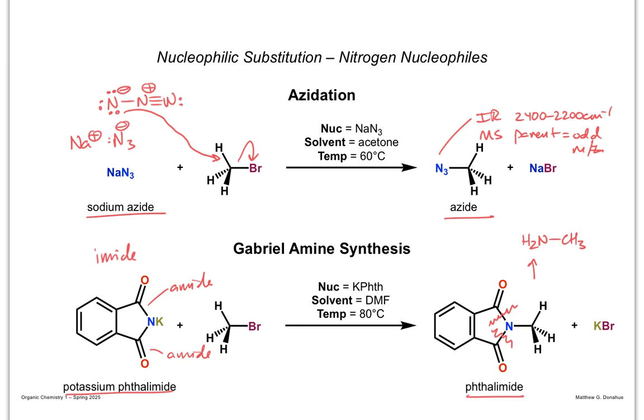That's called a deprotection. We're not going to go into those conditions or that mechanism now, but what you need to know is that potassium phthalimide is a reagent to get the nitrogen into the molecule.